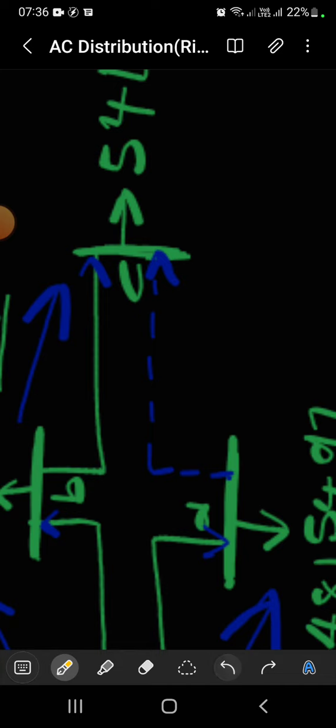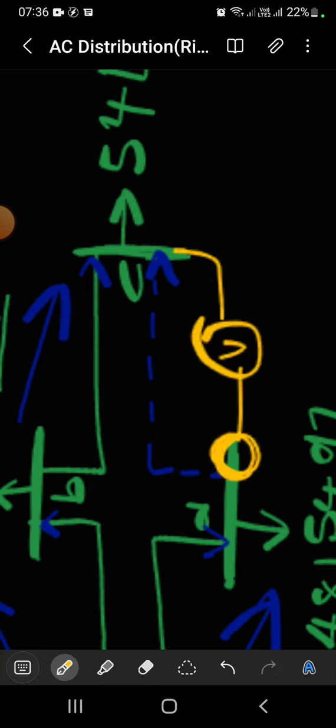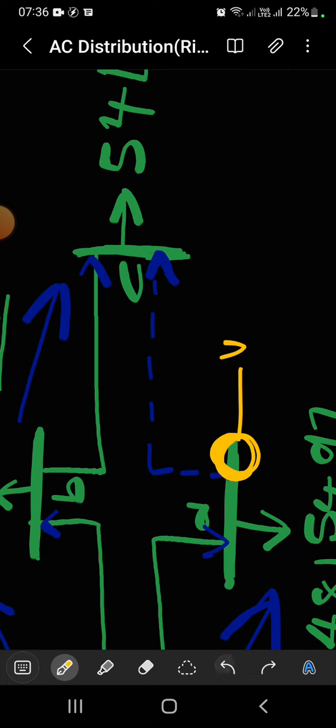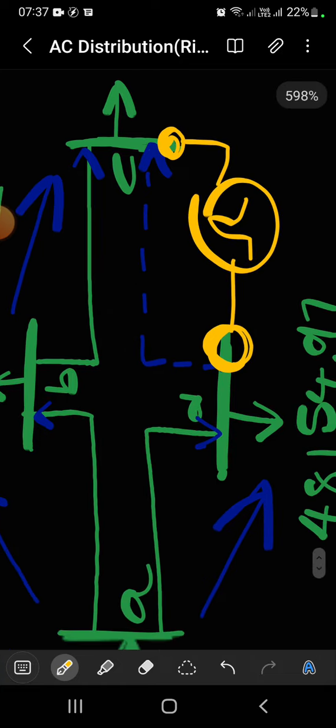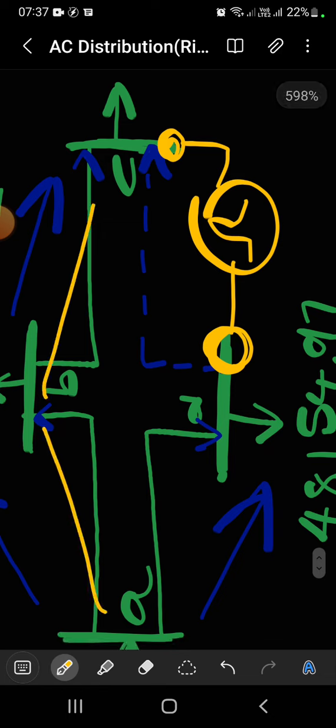What we just did to find the VThevenin was put our voltmeter there to find the voltage across those two points. Now on the same two points, we're going to place our ohmmeter to find the resistance. The resistance is nothing but AB plus BC plus DA. There's no way you're going to have minus DA.